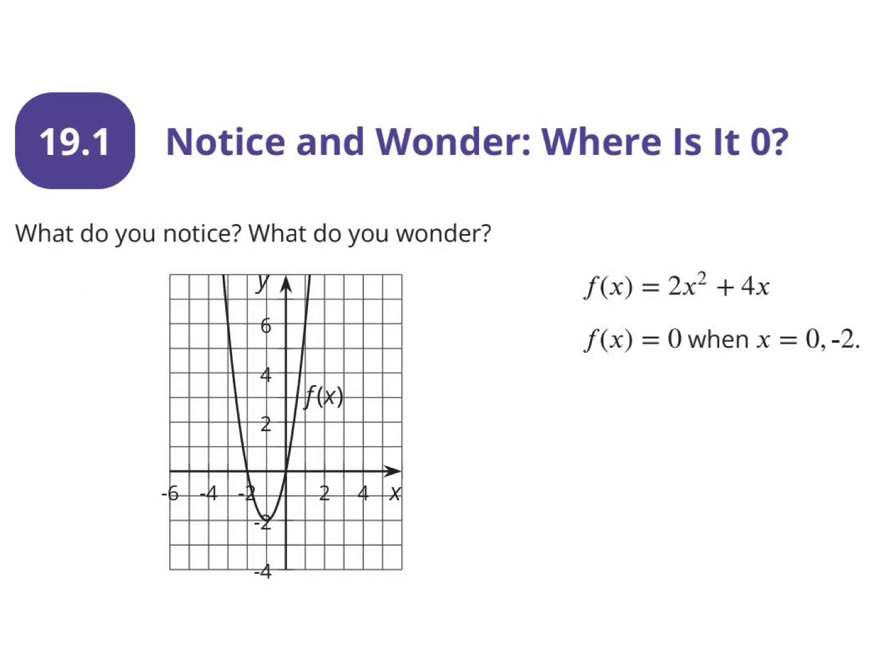Okay, what do you notice? What do you wonder? F of x equals 2x squared plus 4x. F of x equals 0 when x equals 0 and negative 2. So that's what that means, is 0 and negative 2. If you stick 0 and negative 2 in for x, y equals 0. So that means there's two real roots.